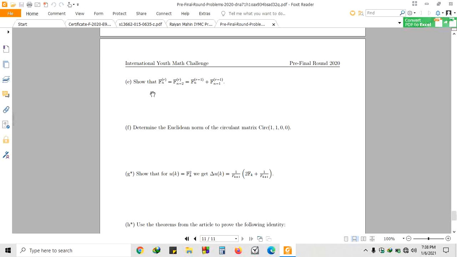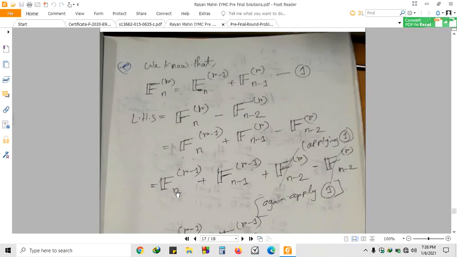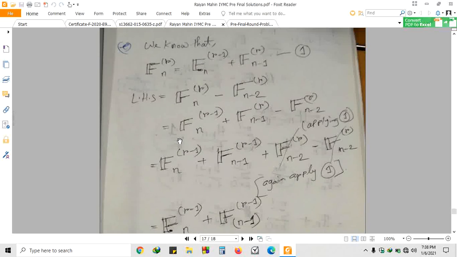So to prove this, I first simplify it. If bold F n, r equals F n, r minus 1 plus F n minus 1, r. In the next line, we again have to apply this recurrence relation to F n minus 1, r.